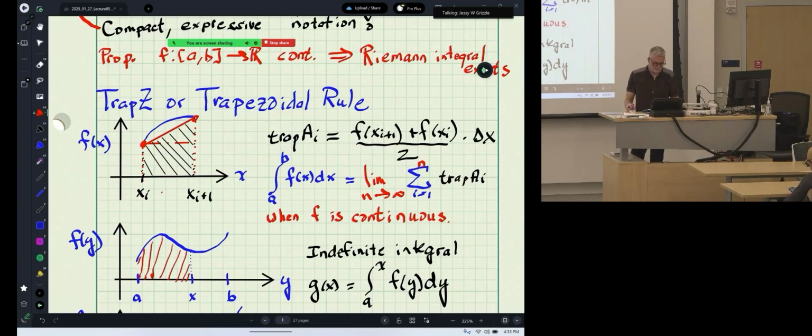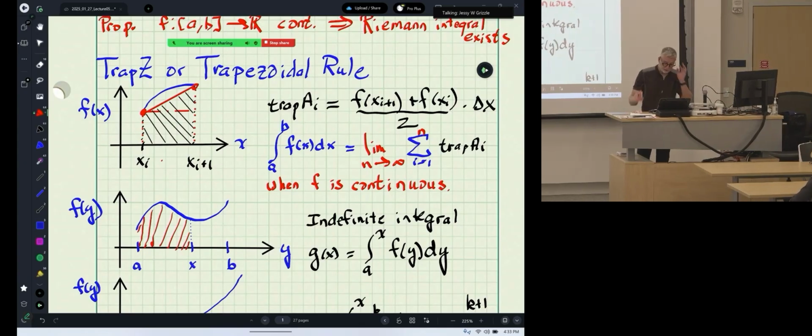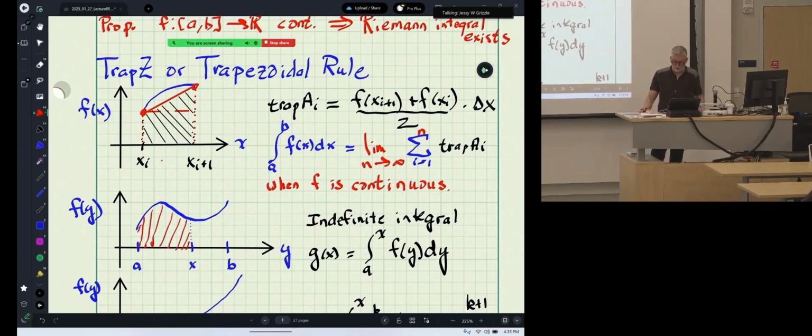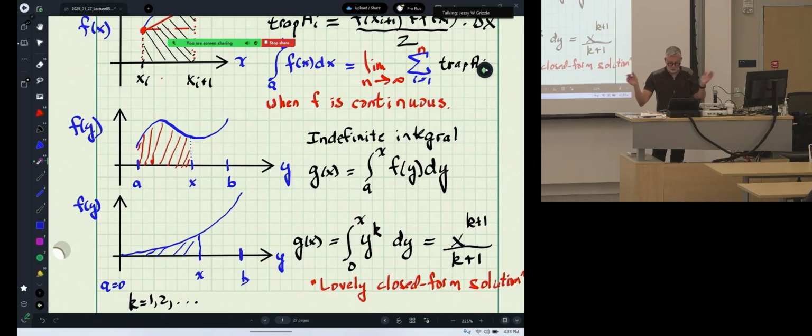And it's a very elegant formula. You take the function evaluated at the two endpoints of your interval, take their mean, multiply by the width of the rectangle. And then if the function is continuous, you can take the limit as that sum goes to infinity. So you'll be able to calculate values with a smaller value of n, because in practice we don't go to infinity.